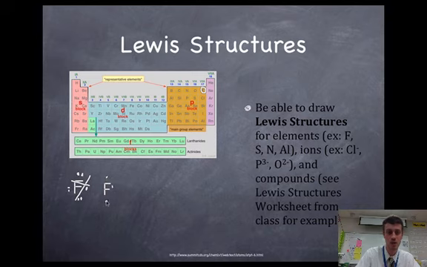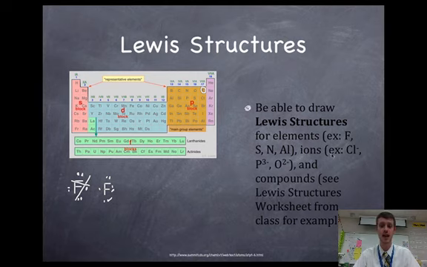The way it should look is 1, 2, 3, 4, 5, 6, and 7. So you should have just one unpaired electron for fluorine. Those are going to be the ones that are a little bit easier.